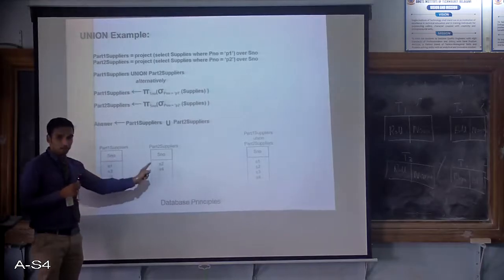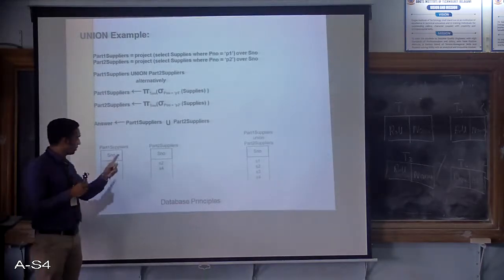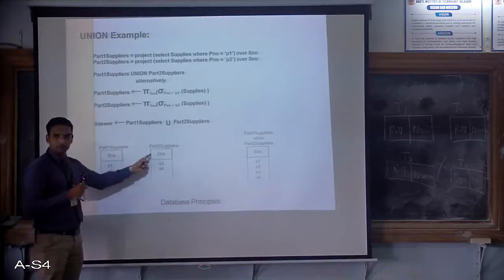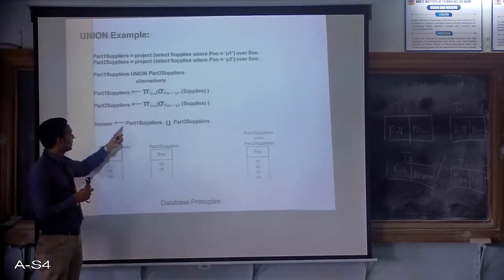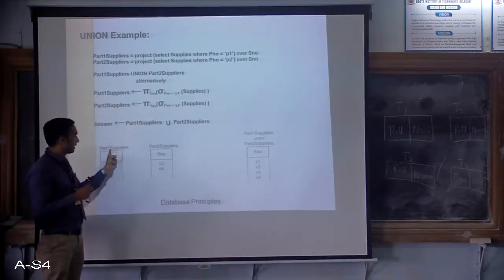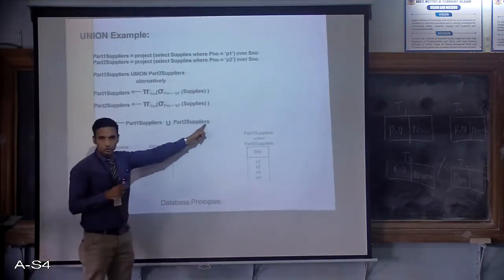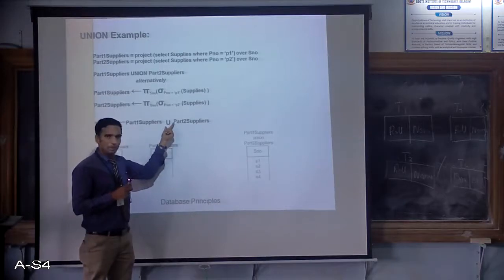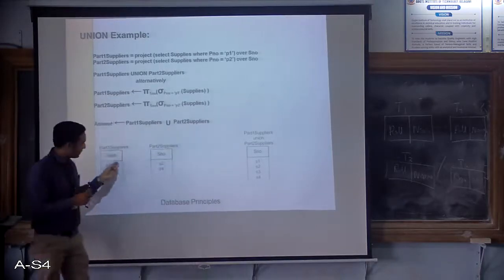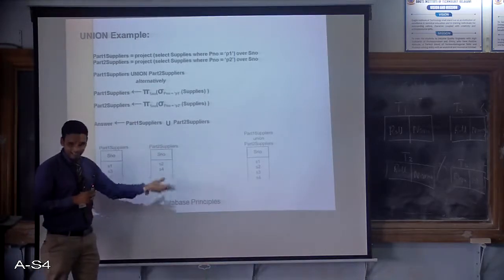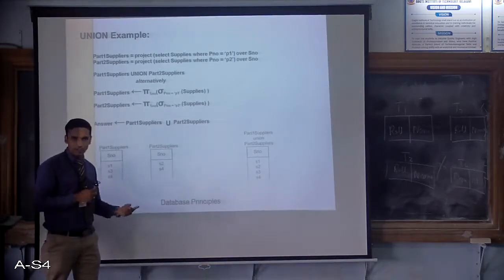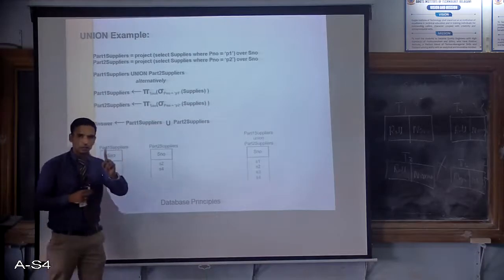Please remember, whenever you apply union, both should look alike: both have the same single attribute. Then you can apply union. Part 1 supplier union part 2 supplier. When I do this union, all the elements of set 1 and all the elements of set 2 are selected, with the condition that whichever is repeating is displayed only once.